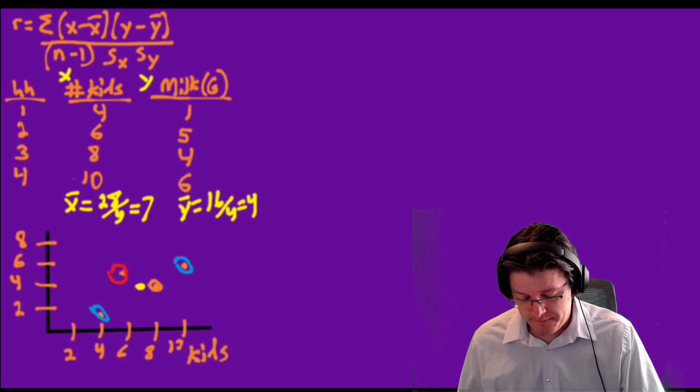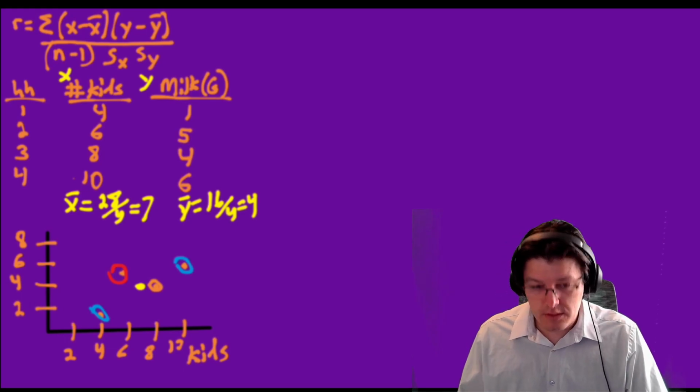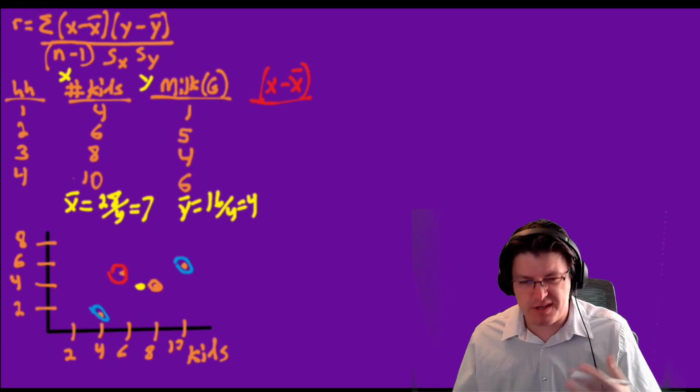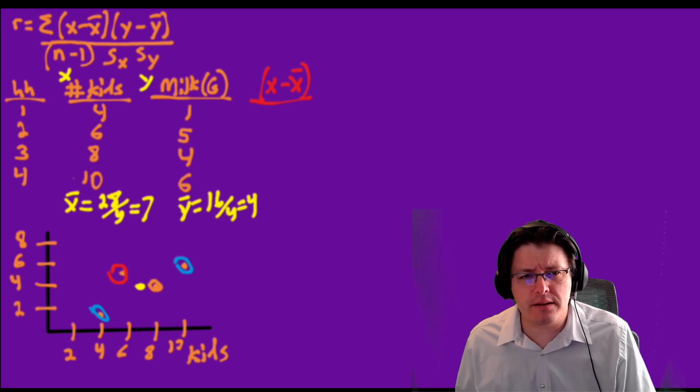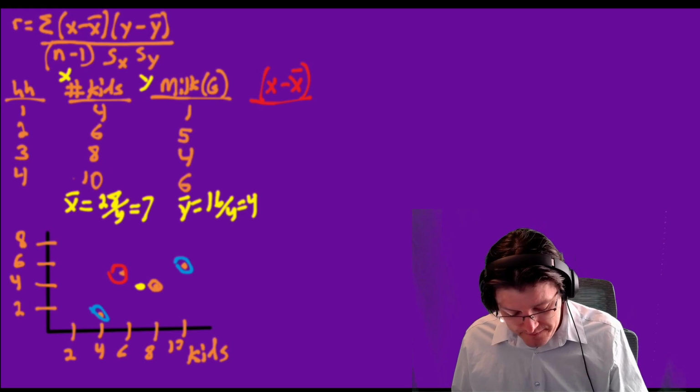Okay, and so let's do x minus x bar. I'm just switching up colors to make it a little easier to read, but they're not really connected to those circled values down there.